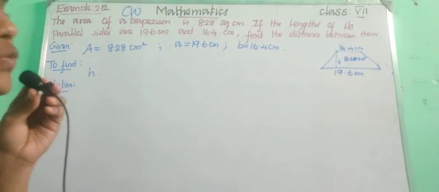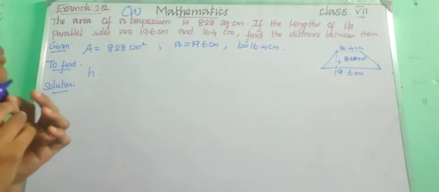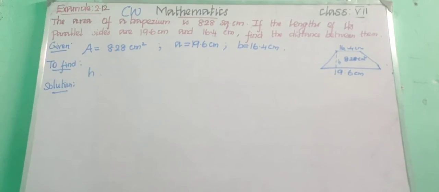How will you find the height? We need to substitute all the values in the area of trapezium formula.